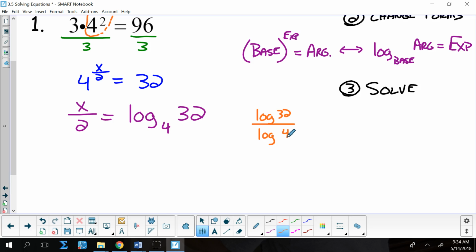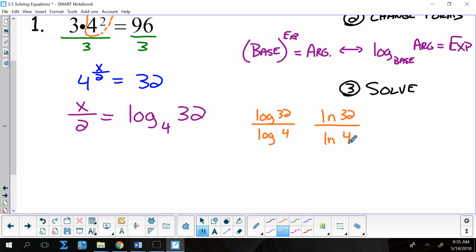Log of the argument divided by log of the base is the change of base formula. Option number 2, if you're not a fan of common logs, you could go natural log of 32 divided by natural log of 4. Those two will always work. Change of base always works.